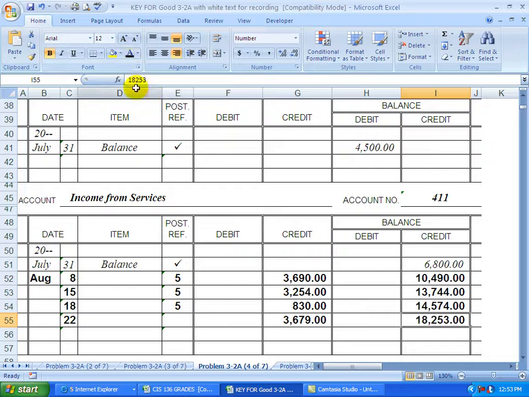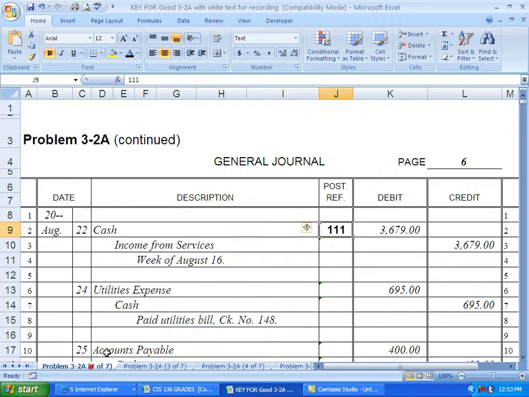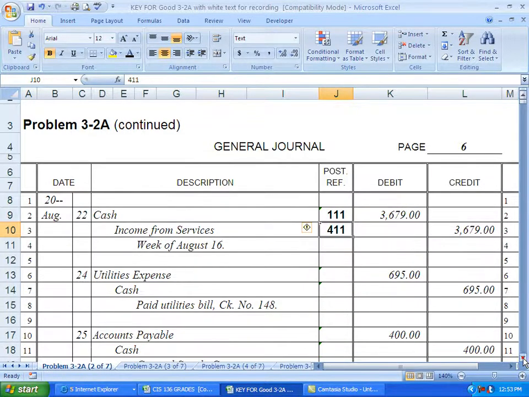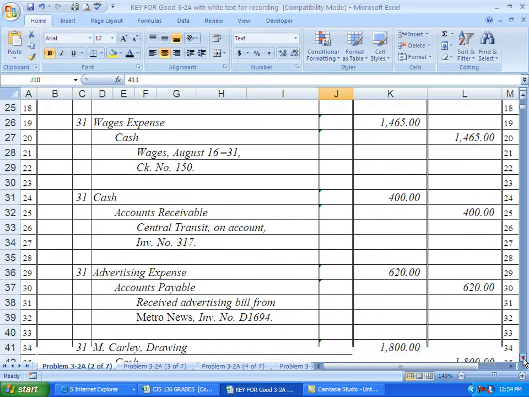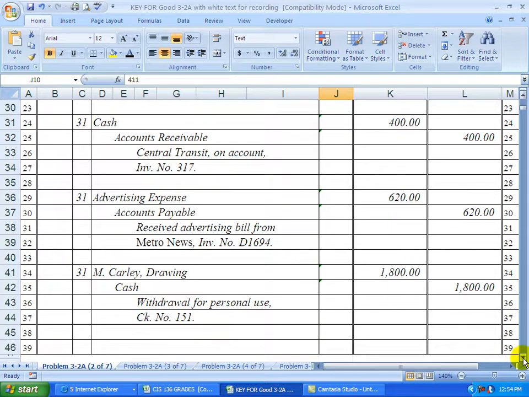Now we have revenue of $18,253. Remember, it comes from page 6 now. We go back to number and put number 411 right here to show that we have posted it. So you would continue on with the rest of these transactions until you had them all posted to the accounts.